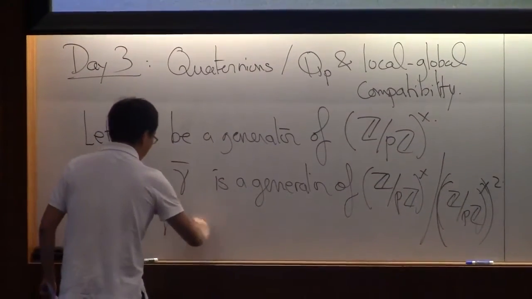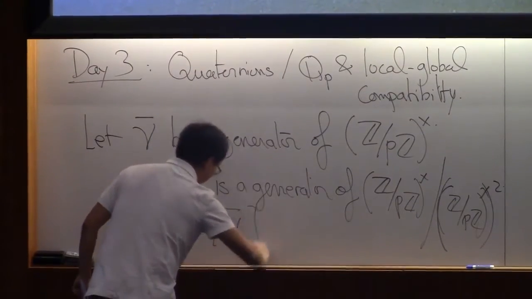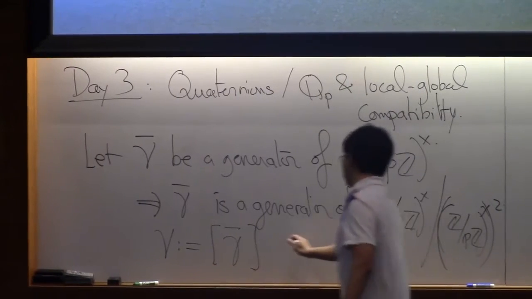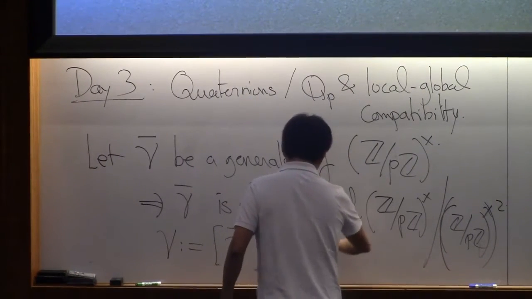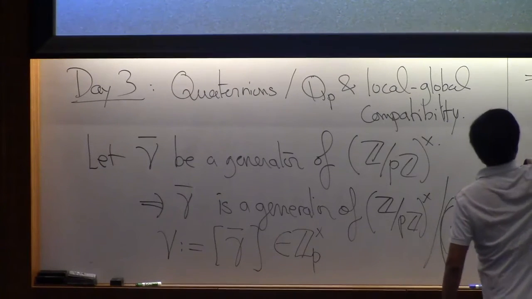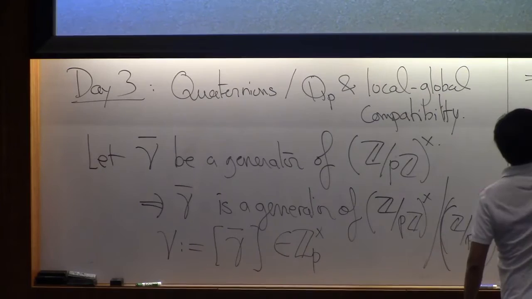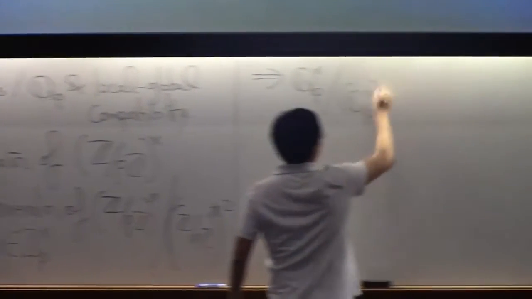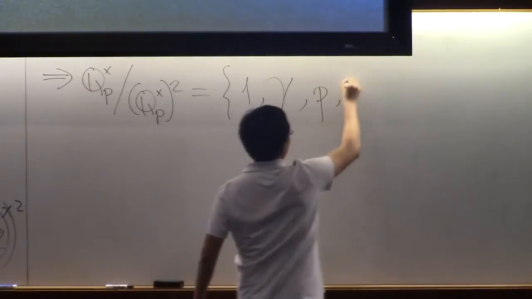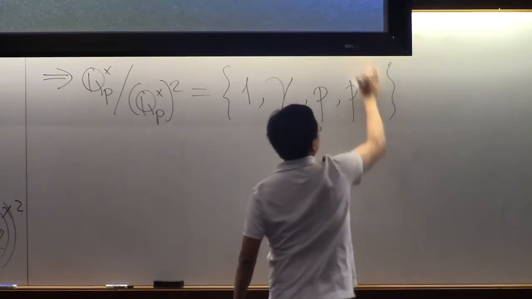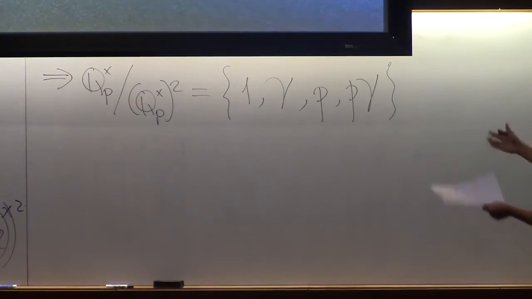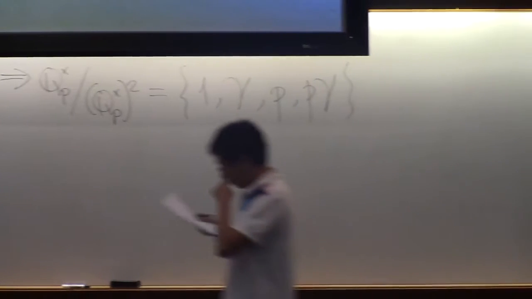So I'm going to write gamma to be the Teichmüller lift of this reduction mod p, so it's going to be an element in Z_p^×. This way, I can pick coset representatives. I get 1, gamma, p, and p gamma. So basically, I need to check for a, b in this set here.